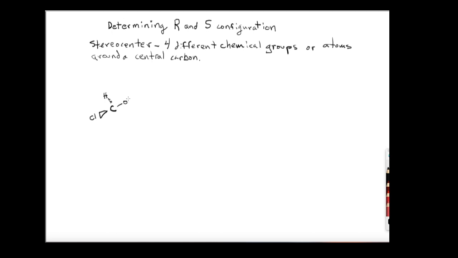On this bond, we're going to have a hydroxyl group, and then here I put a sulfhydryl group. So this particular molecule has a stereocenter because we've got four completely distinct chemical groups around it. And what are the consequences of that? What this means is that this molecule is going to have two stereoisomers.